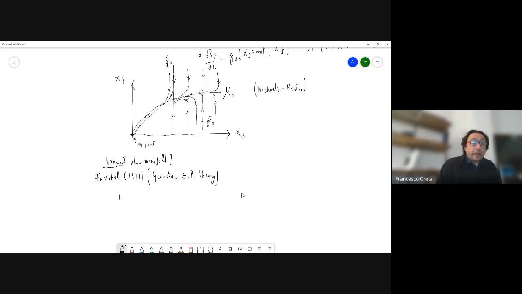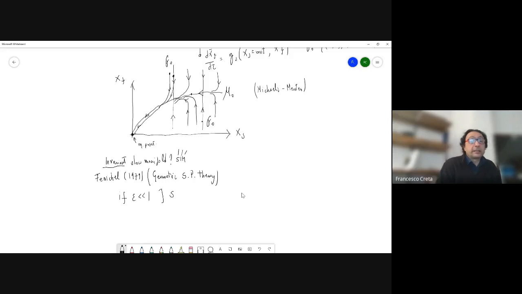So if epsilon is sufficiently small, the theorem actually states that there exists a slow SIM. The SIM stands for slow invariant manifold.